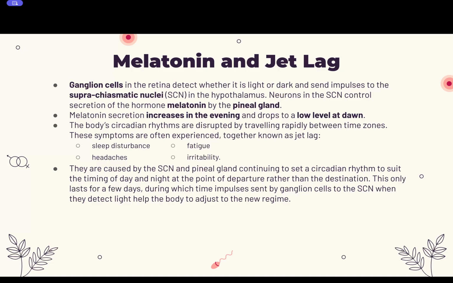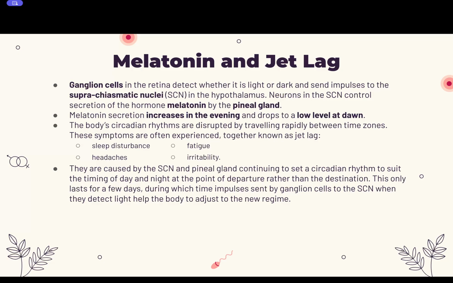So basically, if you think about it, if you're traveling from, let's say, Singapore to the US, your timing for morning and night is pretty much almost 12 hours different. So your circadian rhythm will be set according to Singapore and not according to the US if you're traveling from Singapore to the US.